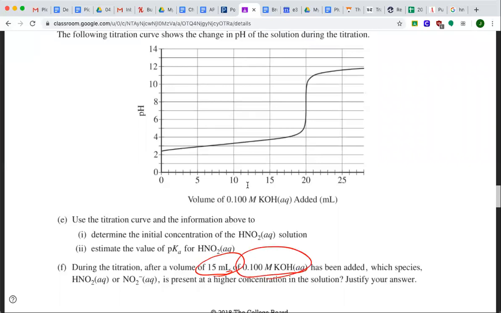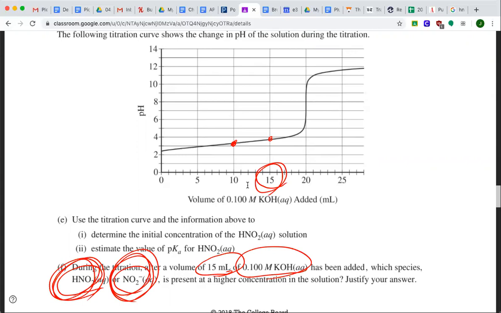So because we're on this side of the halfway point of the titration, which is when we have equal amounts of NO2 minus and HNO2, and we're all the way over here at this point, we actually have more NO2 minus. Most of the acid has been neutralized.